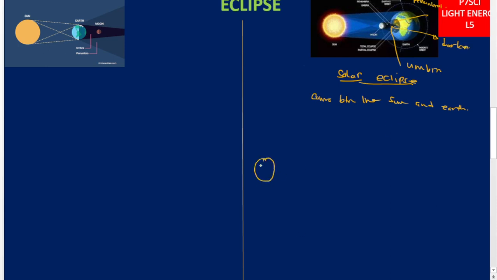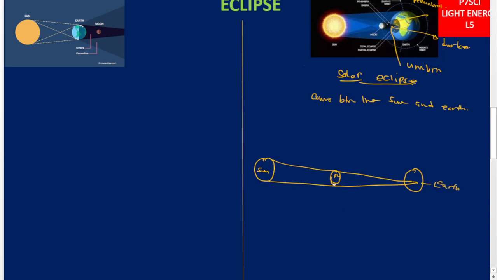Here we have our sun. Now we have our moon, and again we have our earth. So they are in a straight line. Now light from the sun is going to be cast like this, and also light from here is going to come here. This one is the moon, and this one is the earth. Now what are we going to see?